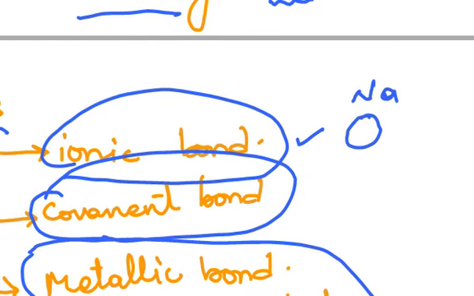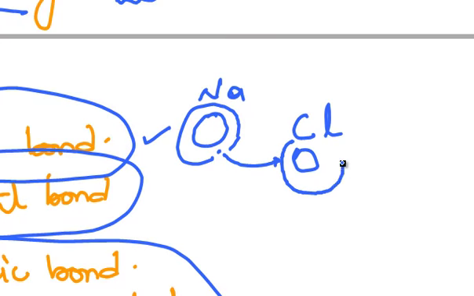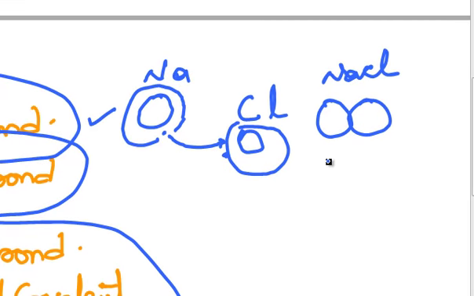The transfer of an electron from the sodium atom to the chlorine atom results in the formation of ionic bonding between NaCl, thus resulting in the formation of Na plus ions and Cl minus ions.